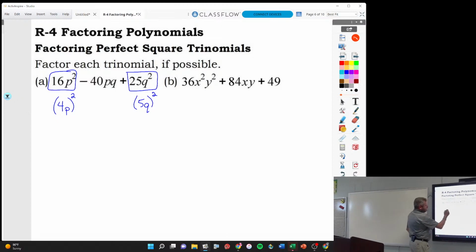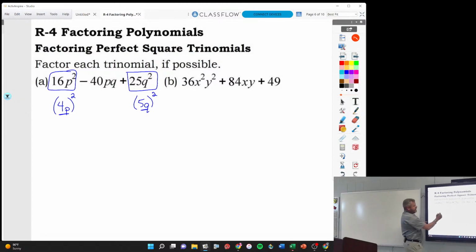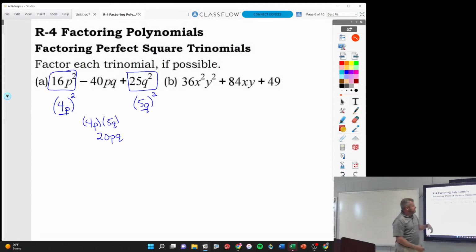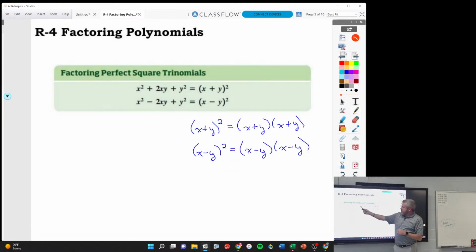How about that middle guy? Well, check this out. If I took that 4p, which is my x, and I took that 5q, which is y, if I multiplied 4p times 5q, what do we get? Well, 4 times 5 is 20, and p times q is pq. So if you go back to that formula, you have x squared, xy, y squared, but that middle term is multiplied by 2.